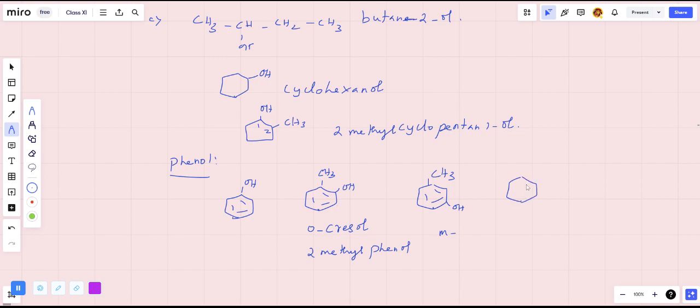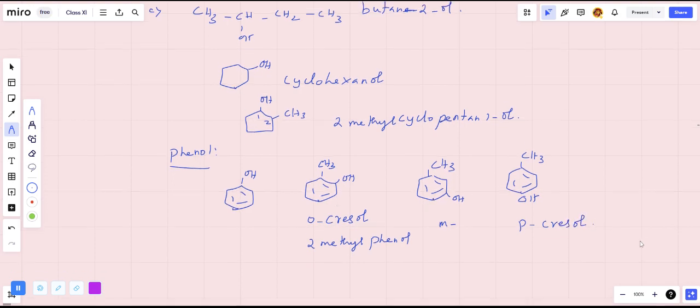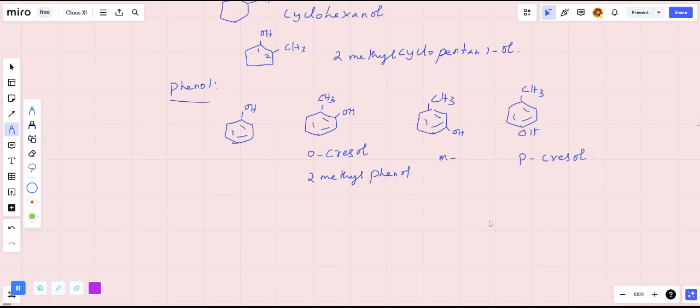And if you take this one, this is 4-methyl phenol, or paracresol.